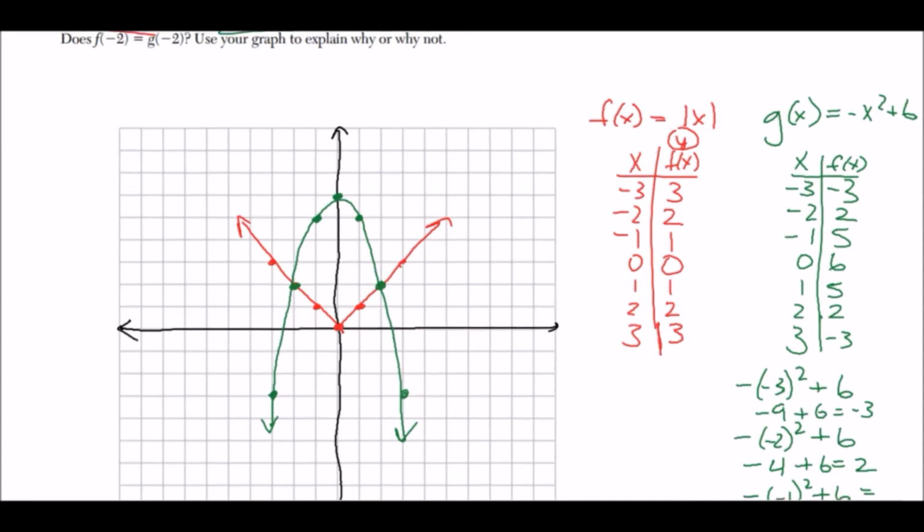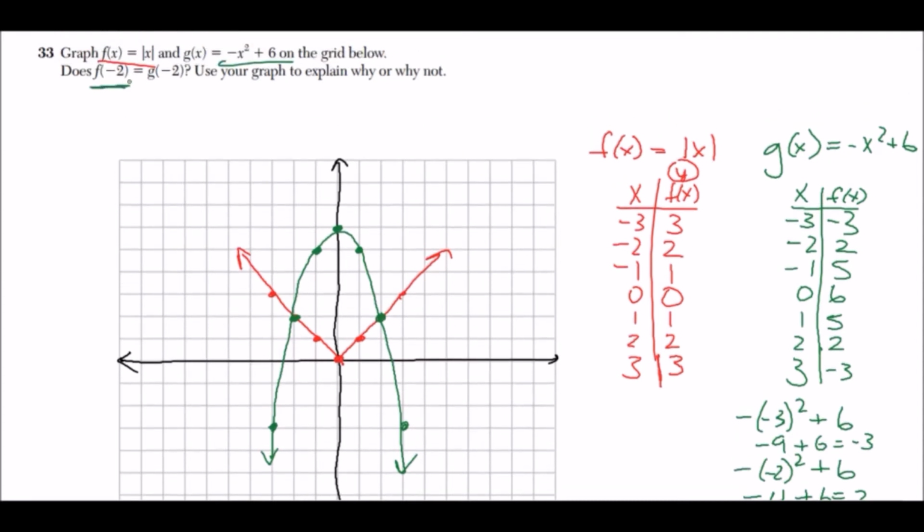And the next question is, does the f of -2 equal the g of -2? We could certainly just substitute the values in, and actually we did already. So the f of -2 is 2, and the g of -2 is also 2. And we can see that they intersect at that point.